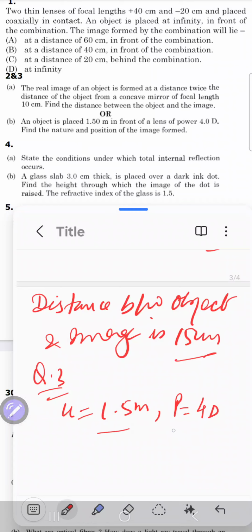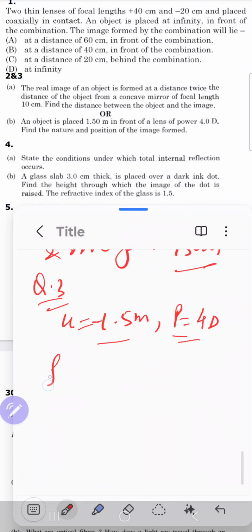So u here is given. From power we can find out the focal length, and simply we have to use the lens equation to find out the nature and position of the image. Now as the object is placed in front of the lens, u has to be negative. Power is positive, so we can find the focal length from the power using this formula.